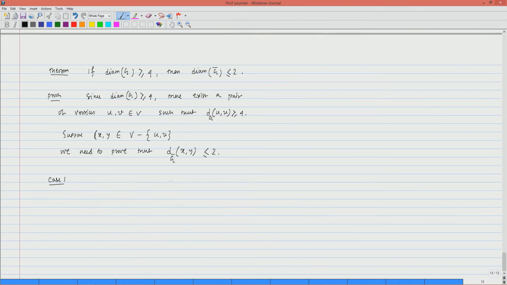Similarly, we look at the other vertices with respect to their adjacency relation with u and v. So, u and v are two vertices which are at distance 4 or more than 4, and x and y are any two arbitrary vertices.